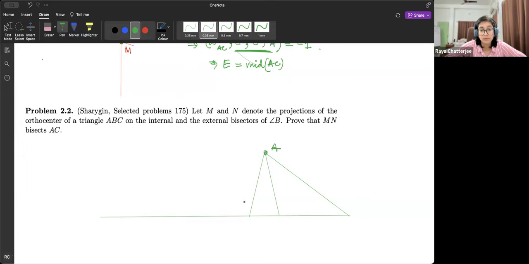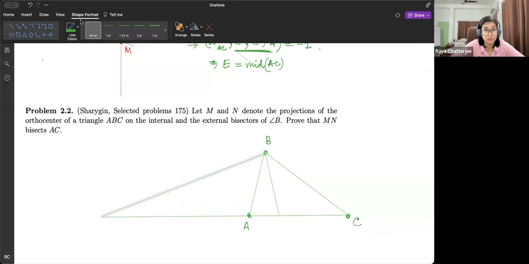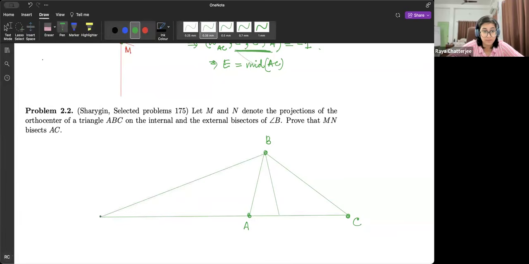Yeah, so this is, oh no, this is not B. This is not A, this is also B, right? Yeah, internal and external bisectors of angle B. I hate when triangles are built on the base AC, because that's just so weird. So this is the external bisector, right?